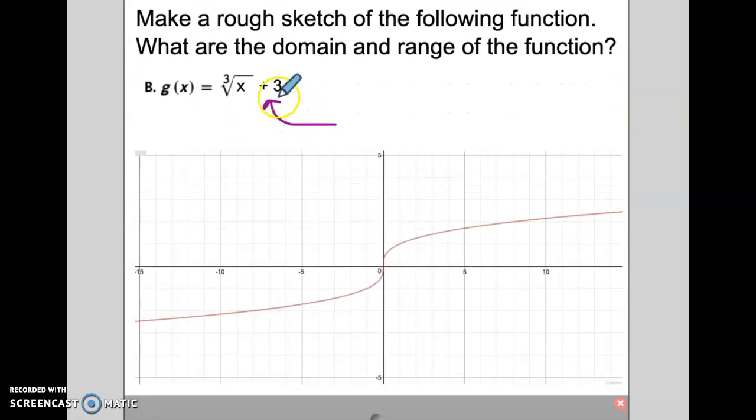So when I'm outside, then that means I shift the graph up 3 units. So I'm just going to take this center point and 1, 2, 3, move it up. Oh, this will be tricky. Something like this. Pretend it goes through, up 3, squiggly line, just like that. And that's the graph of the cube root of x plus 3.